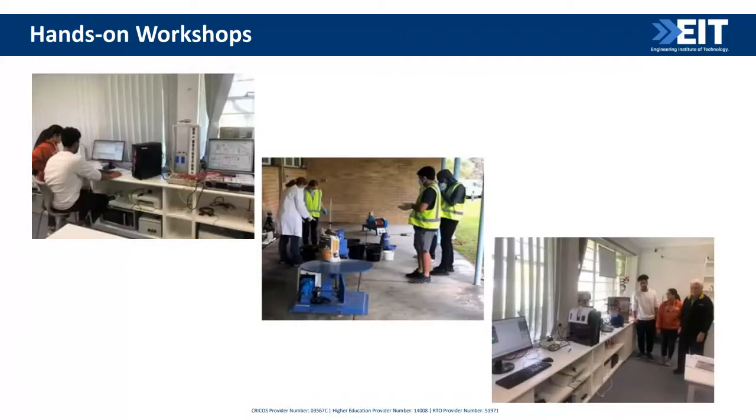Our hands-on workshop includes various experiments running on PLC training kits and lift simulators for industrial automation students, and our civil engineering students, as you can see in the photographs, evaluated the consistency of concrete with slump cone testing during the workshop.